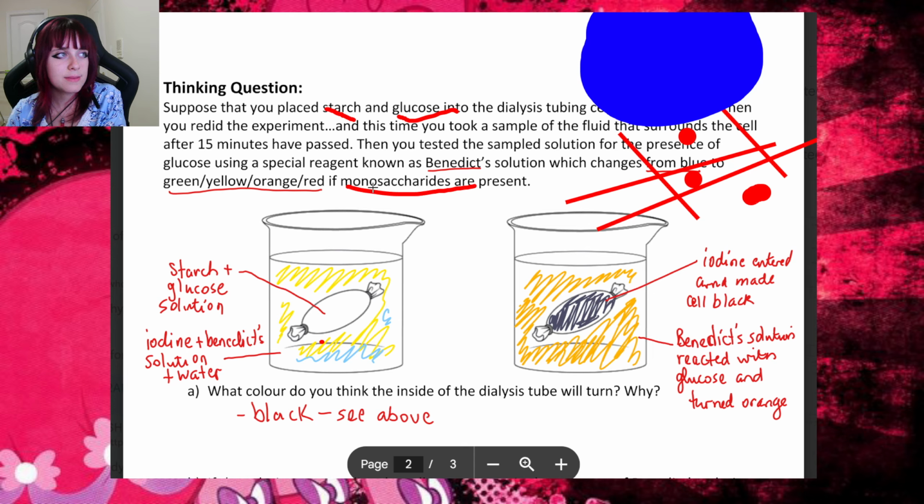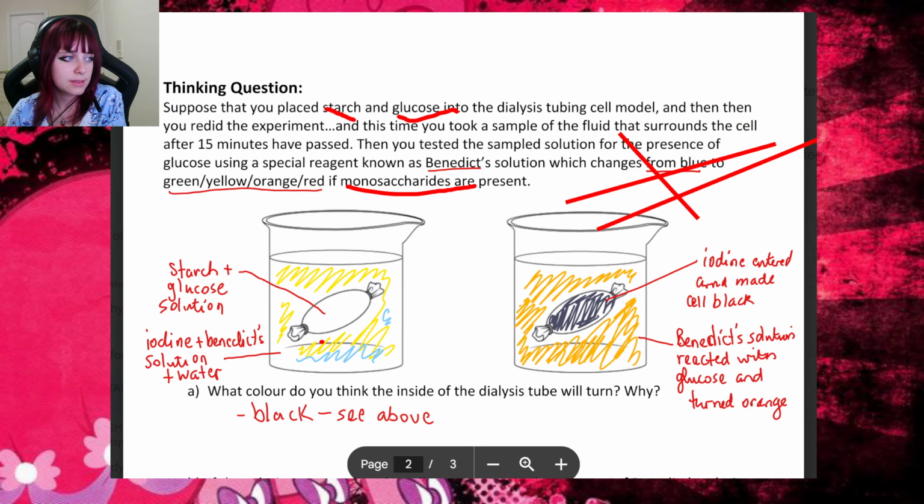Since the Benedict solution is outside, it will react with the monosaccharide glucose.